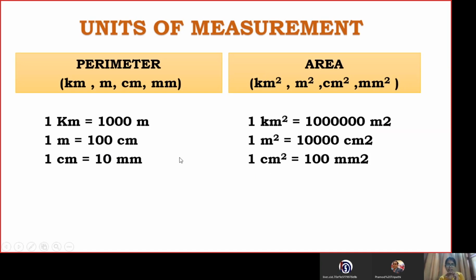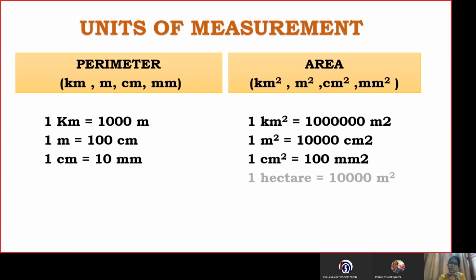Basically, it's very easy to calculate. Centimeter square means you have multiplied centimeter two times. If you have multiplied centimeter two times, so look into the left hand side. 10 into 10, that will give you 100 millimeter square, right?